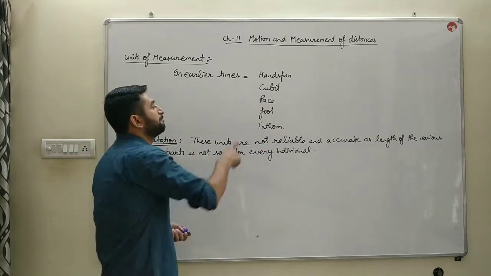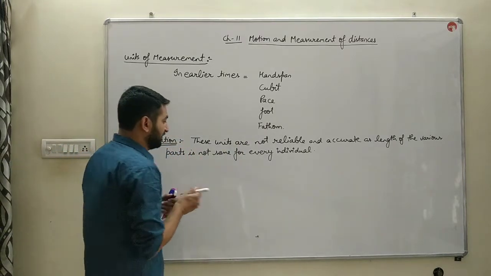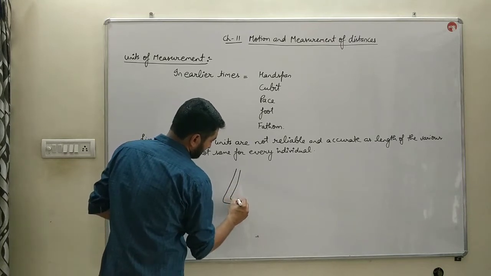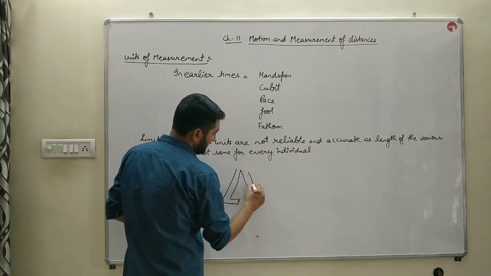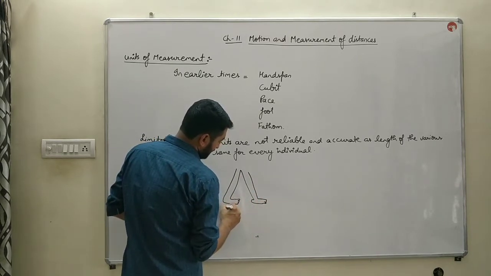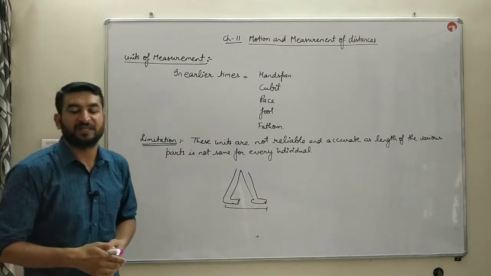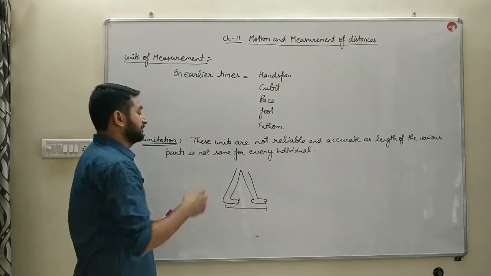The next is pace. The length of one, basically you can say the step. Suppose this is 1 foot and this one is the other one. The length between these two is known as 1 pace. Next is foot.